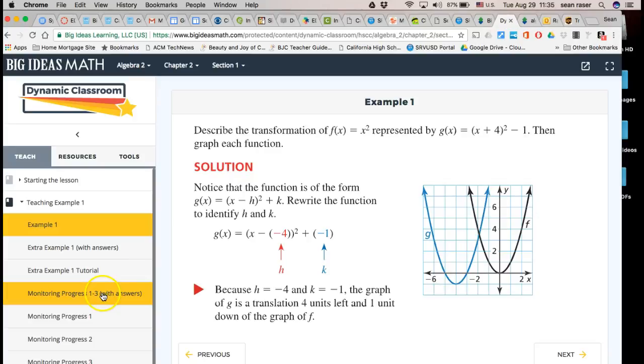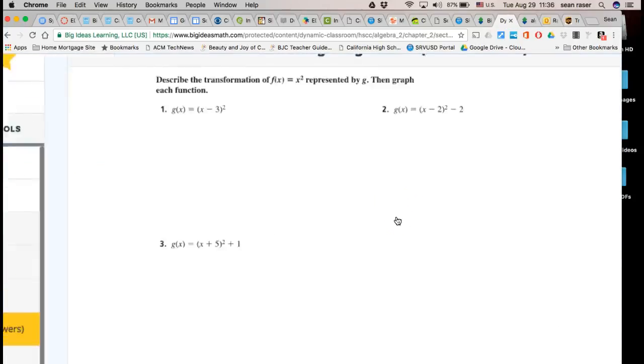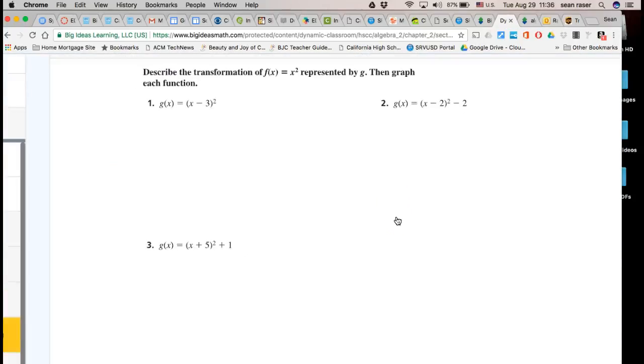What I want you to do is look at these 3 problems right here. I'll zoom in just a little bit. What I want you to do is describe the transformations of x squared represented by each of these 3 functions. So obviously you don't have to graph them right now.